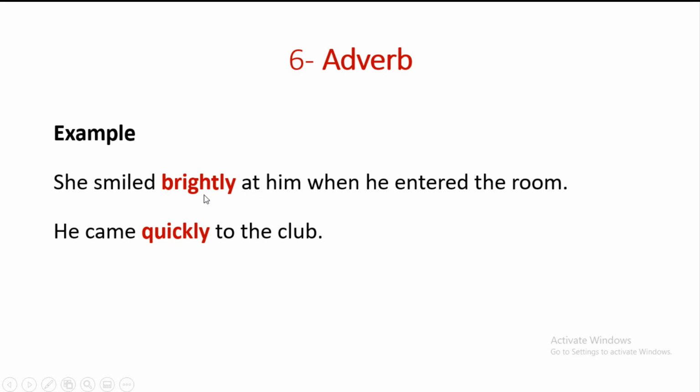So she smiled brightly at him when he entered the room. He came quickly to the club. Quickly describes his motion, his coming, all right? So quickly is an adverb because it describes the verb came. He came quickly to the club, okay?